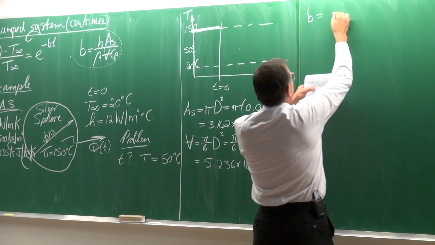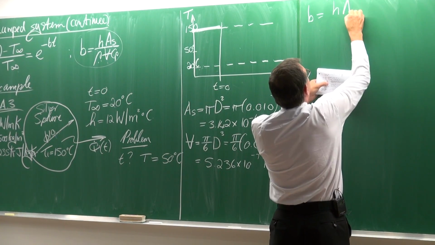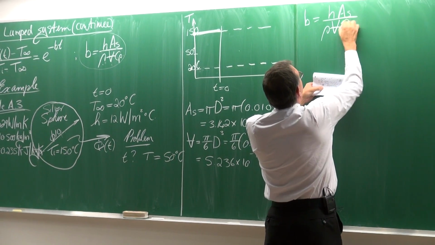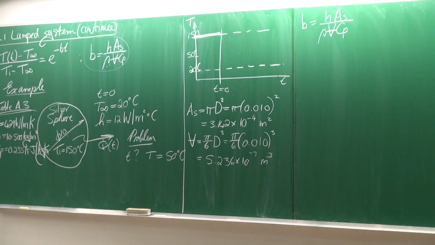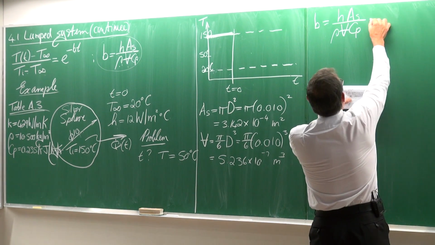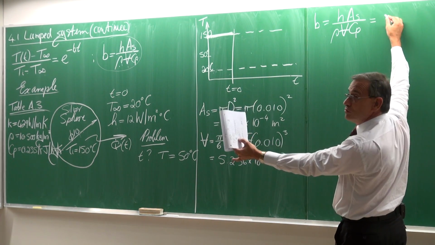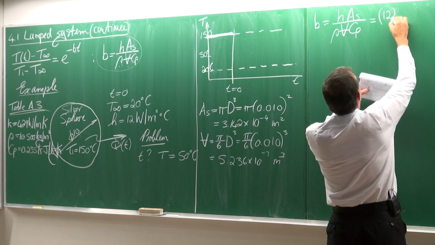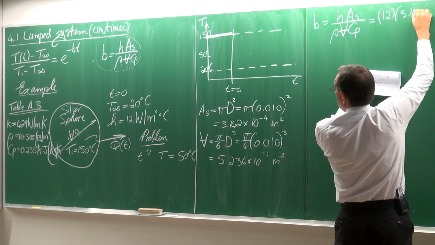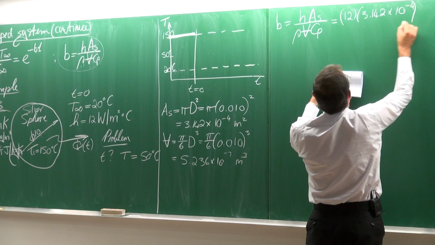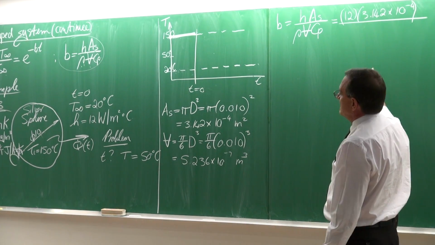The B is equal to the heat transfer coefficient multiplied by the surface area divided by rho, the volume, and CP. Ladies and gentlemen, am I going too fast? Not? You're fine? Okay. So the heat transfer coefficient is equal to 12. The surface area we've determined just now, it is 3.142 multiplied by 10 to the minus 4, divided by the density.